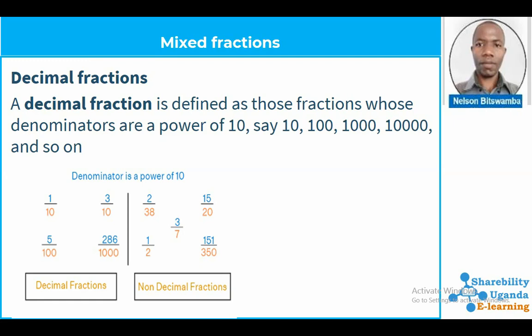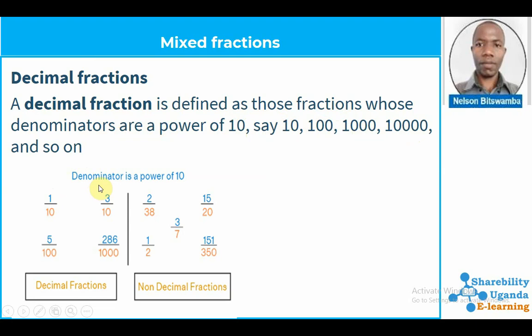Then in our recent videos we had to look at what we call a denominator. We said when you are given a fraction, there is what we call a numerator and a denominator. So here they are telling us that these are fractions whose denominators are powers of 10, or may say 10, 100, 1,000, 10,000 and so on.